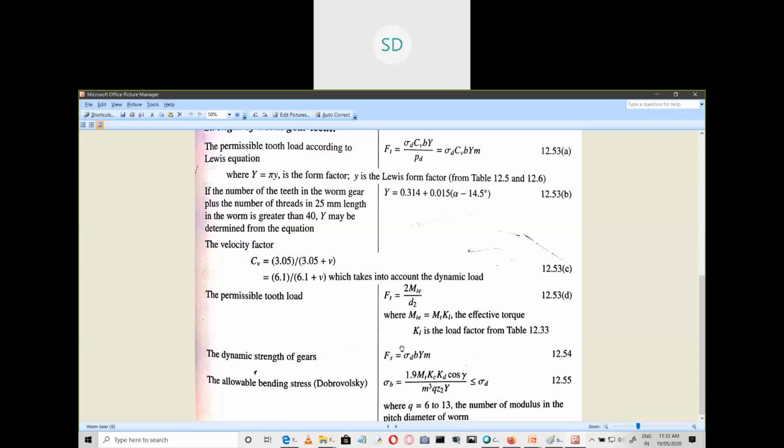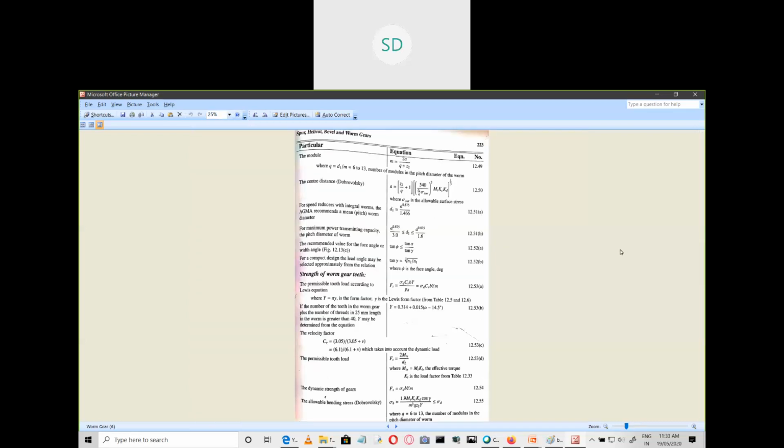Suppose if we wish to calculate the dynamic load for worm gears, then you can use equation number 12.54, right? So, have any queries?